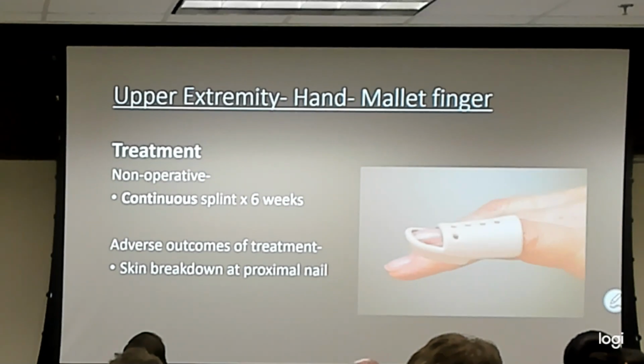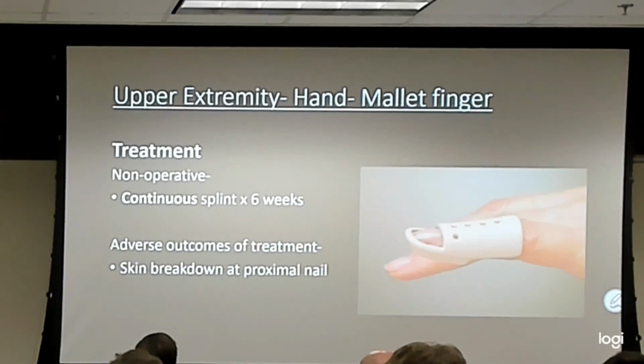So what do we need to do with this? This one is going to be continuous splinting for 6 weeks. Thereafter, we'll do high threat splinting, but they'll be with an occupational therapist at that point. We can treat their pain, do all of that.